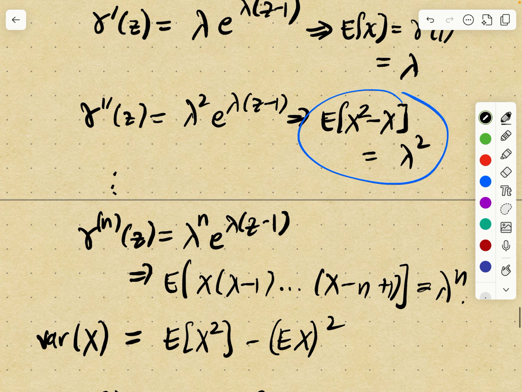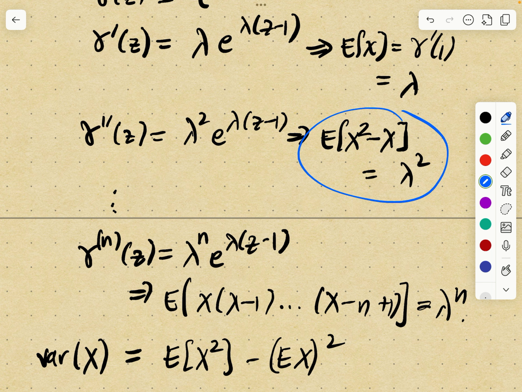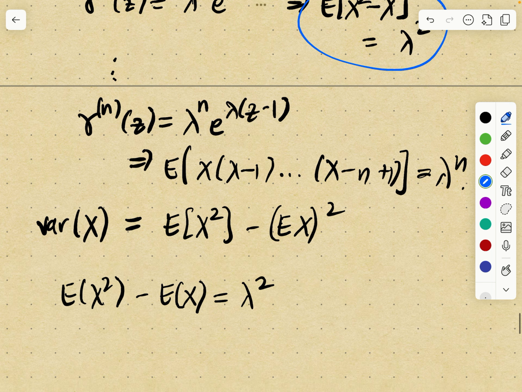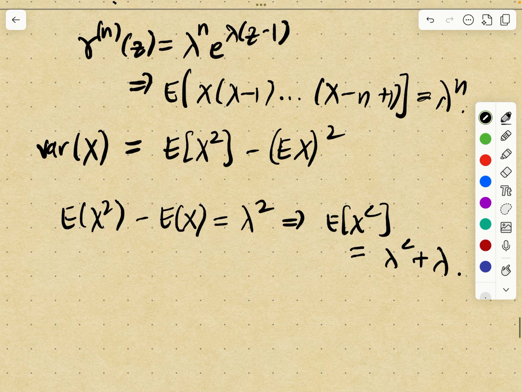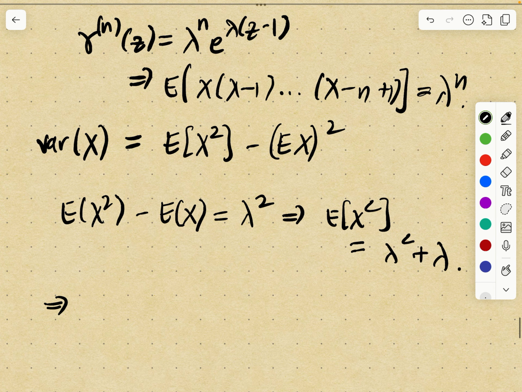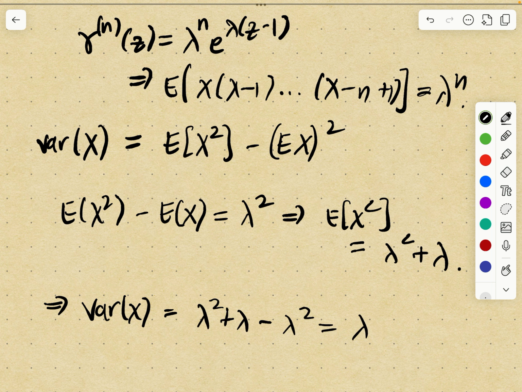And we know that the expectation of x is lambda. And so we get the expectation of x squared is lambda squared plus lambda. And so the variance of x is lambda squared plus lambda minus lambda squared, which is lambda, which agrees with what we found before.